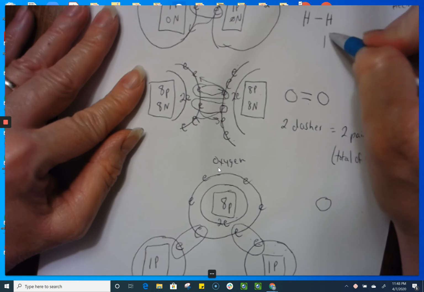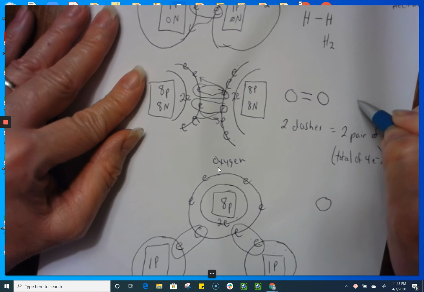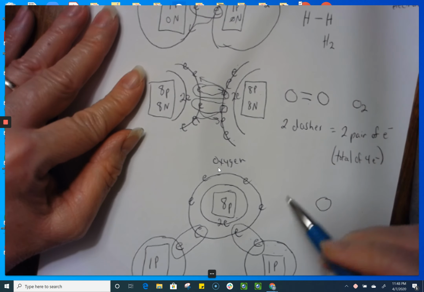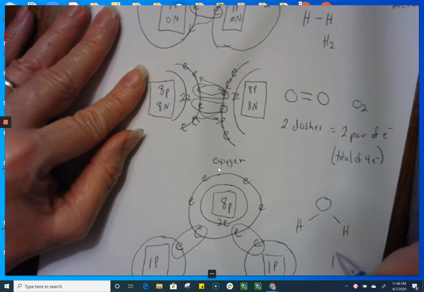When you write H2, that's a chemical formula. This becomes O2, chemical formula. This here is the structural formula, because there's just one pair of electrons being shared. That's the structural formula for water, and that's the chemical formula for water.